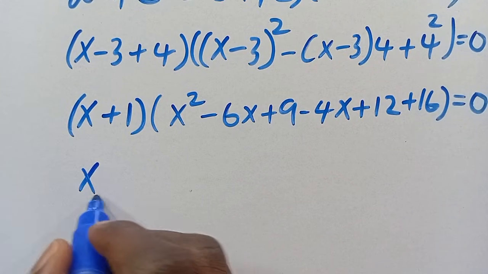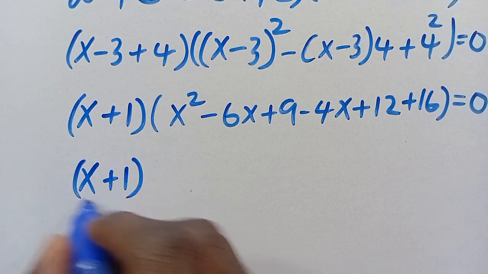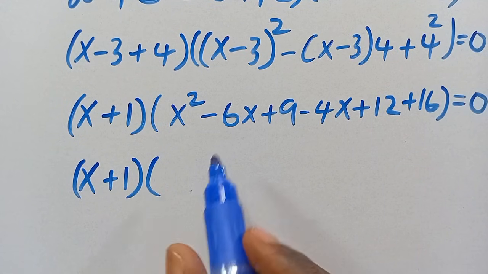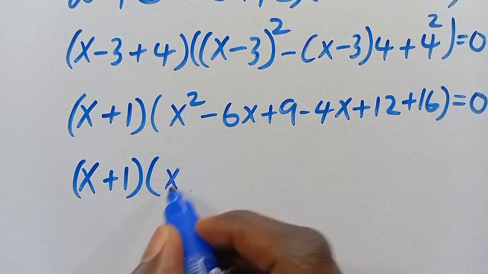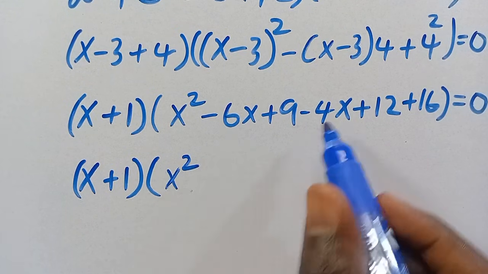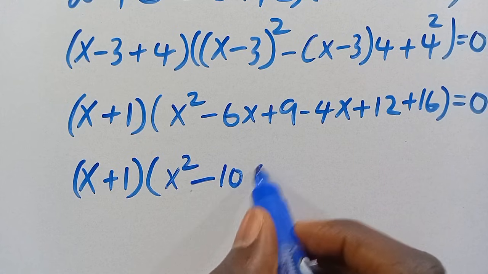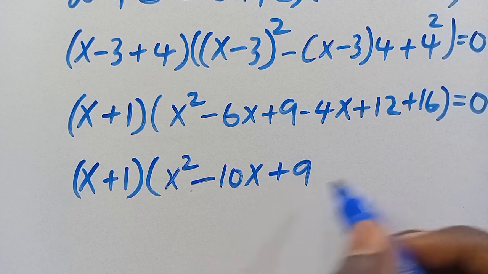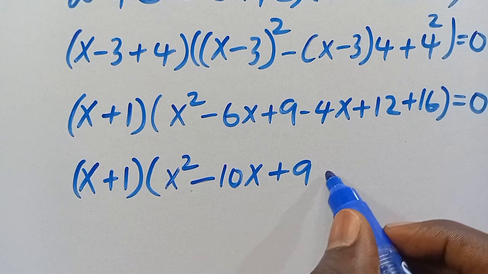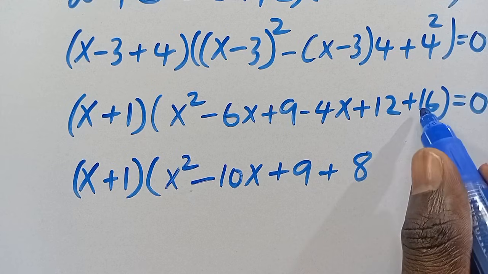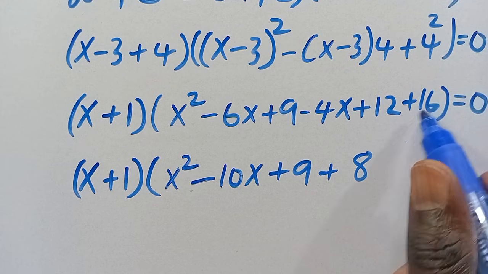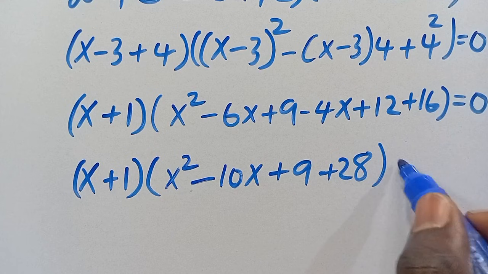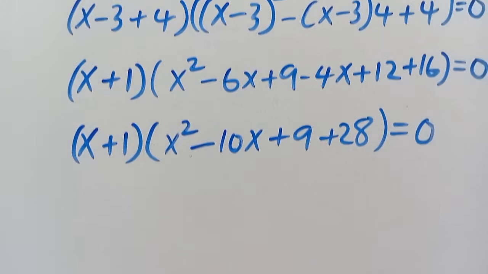So from here we have (x + 1) multiplied by this, which will give us x^2, then -6x - 4x will give us -10x. Then this plus this, we have 9 plus 12 plus 16, which gives us 37.